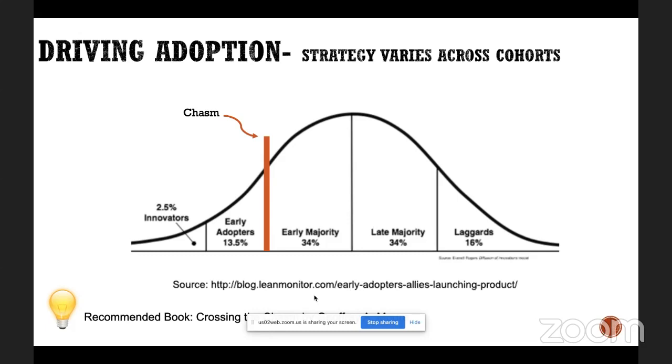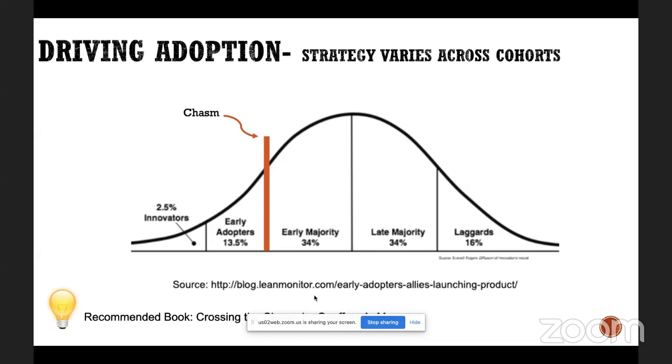Now here what I'm trying to convey is adoption strategies may not be the same for all sorts of products, right? These strategies would differ across cohorts. This is a very famous adoption curve, the technology curve that we have seen, which divides our customers into multiple segments, or cohorts. The innovators, for example, are people who are excited about a technology, so you may not really need a push for them.